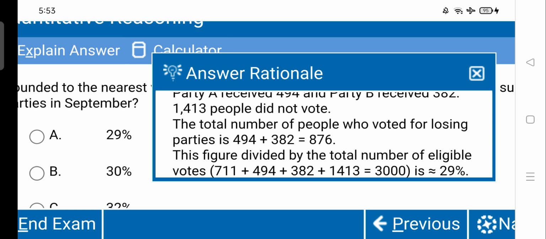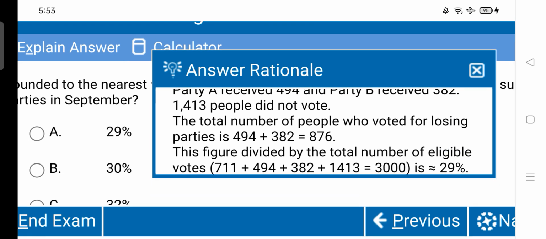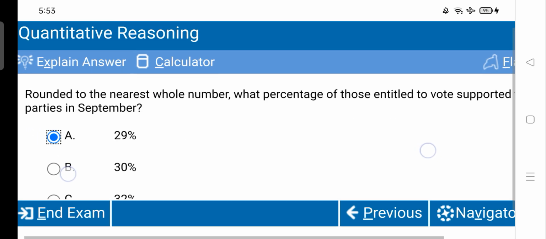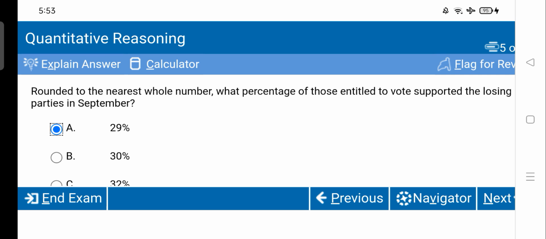This figure divided by the total number of eligible voters, 711 plus 494 plus 382 plus 1413 equals 3000, is approximately 29%. So that's how the correct option is option A, which is 29%, the percentage of those entitled to vote who supported the losing parties in September.